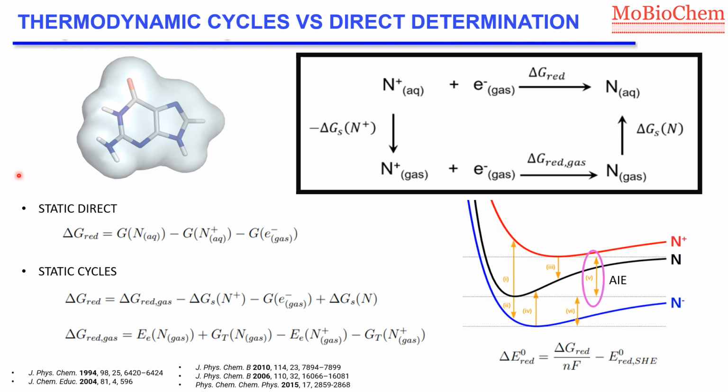The use of all these equations and the introduction of the standard hydrogen electrode as a reference electrode lead to the computation of this property within the static direct approach and the static cycles 1 and 2 approximations. It is important to highlight that this term is just a correction to balance the potential of the semi-reaction of the standard hydrogen electrode, in which the electron is also taken into account.